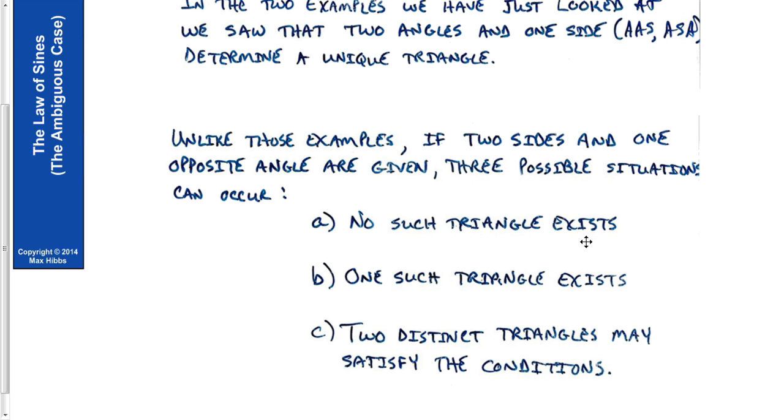We may find that there's no triangle that has those two sides and that one angle. Or there may be a unique triangle, one single triangle that has those two sides and that one angle. Or there actually may be two distinct triangles that have those two sides and that angle. And that's why this is called the ambiguous case.